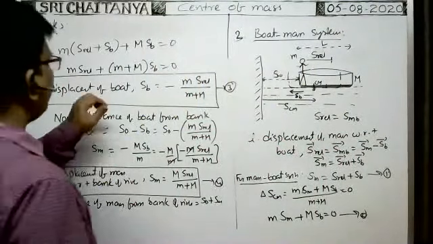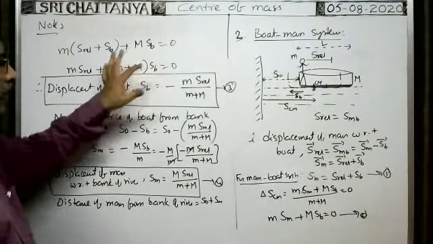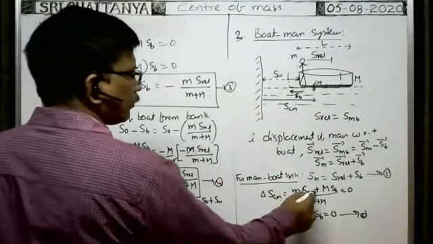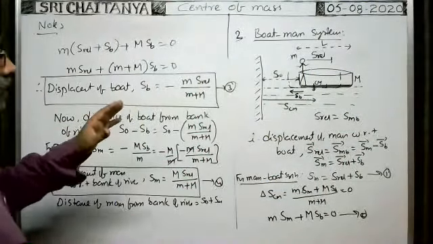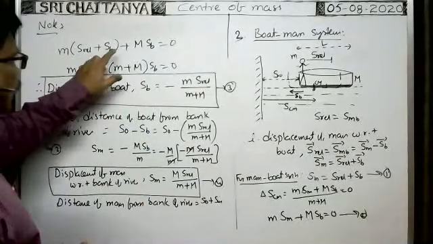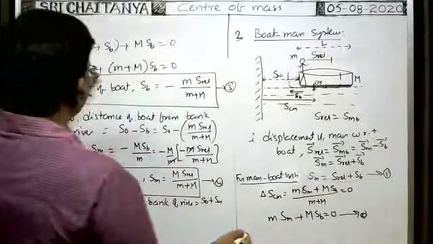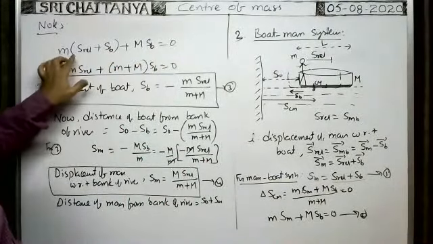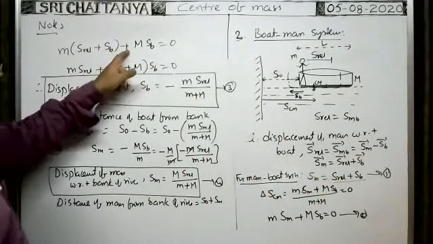Okay, have you understood this point, this equation? Delta SM is 0, no? That's why I made delta SM 0. Then MSM plus MSB is equal to 0, no? But SM is equal to SL2 plus SB, as I have written. Here, small m into SL2 plus small m into SB plus capital M into SB.